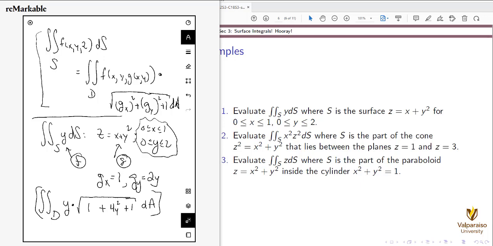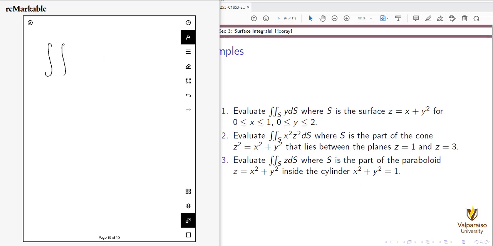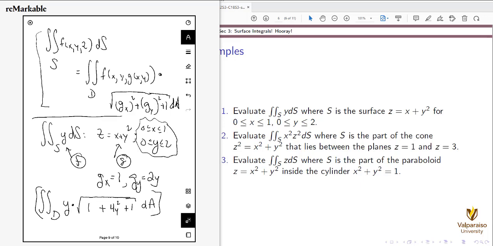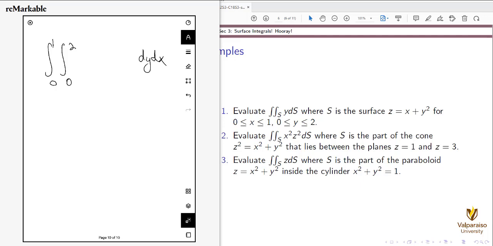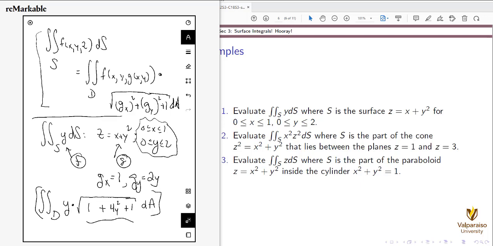So if we proceed, let's take that dA and unwrap it as dy dx like we normally might, which means our limits of integration for y on the inside will go from 0 to 2, and x will go from 0 to 1. And then the function being integrated is y times the square root of, simplified, 4y squared plus 2. Right there, just tidied that up.